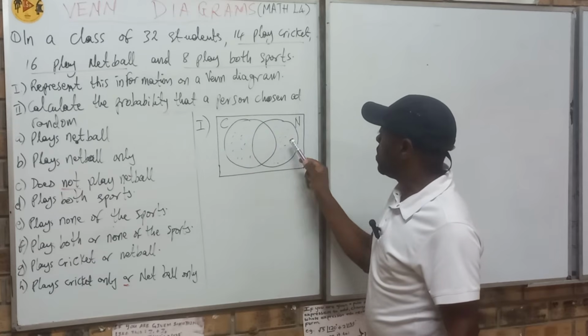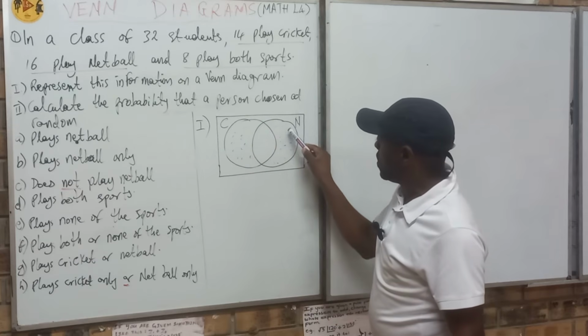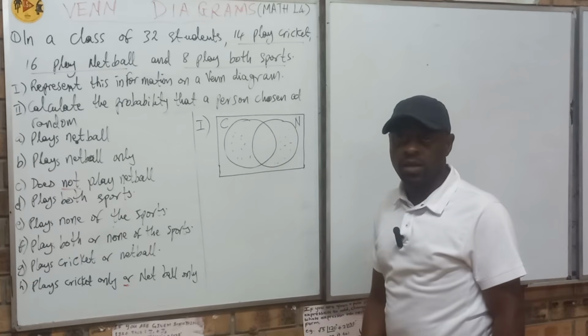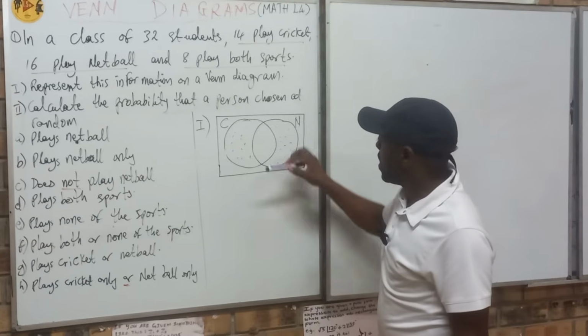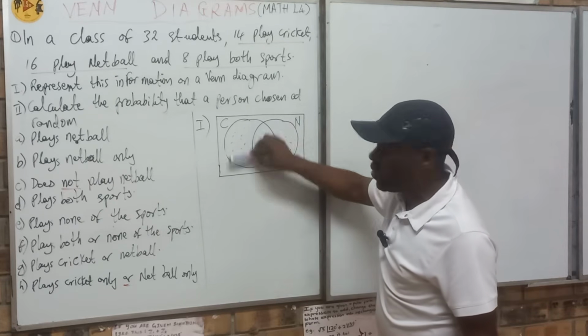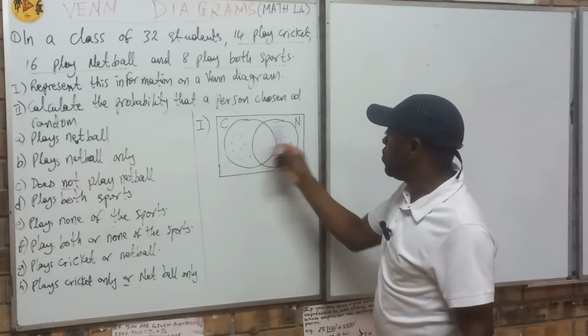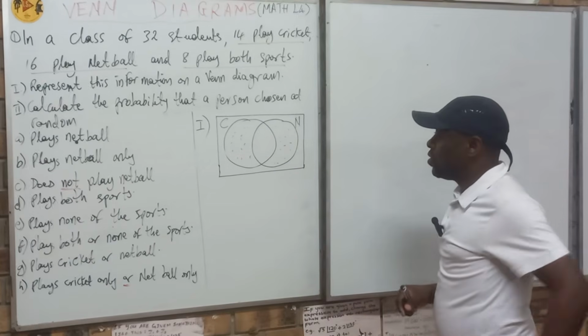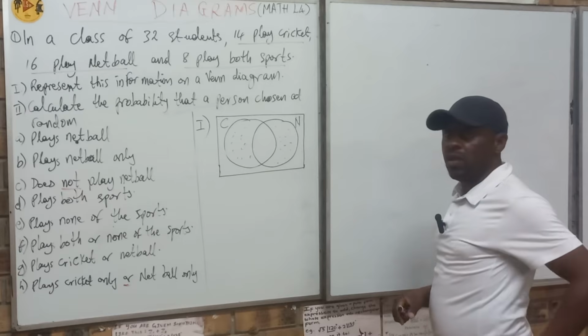Cricket only is that portion. Netball only is this portion. This is netball, and the middle is for cricket and netball. When we say cricket or netball, it is that portion covered by the 2 circles. Then neither of the 2 sports will be outside of the 2 circles. So it is very important to know every portion of a Venn diagram.